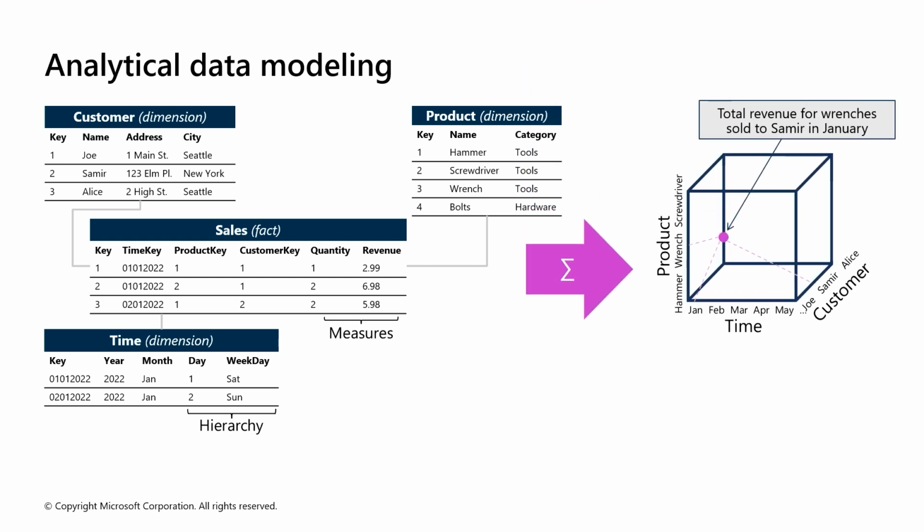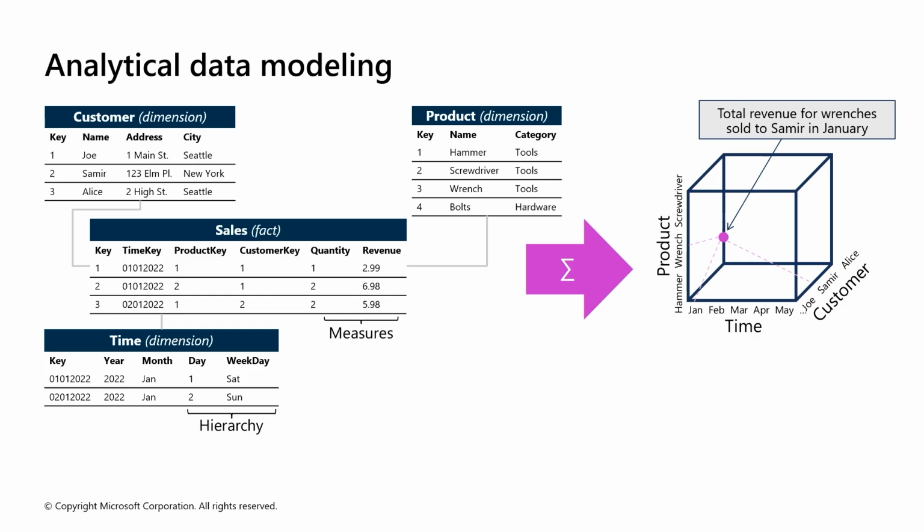For example, a model might include numerical measures such as revenue or quantity sold, and dimensions such as product, customer, and time. This structure allows you to aggregate measures across one or more dimensions, like total revenue by customer, or total items sold by product per month.